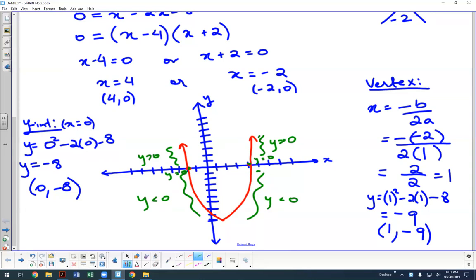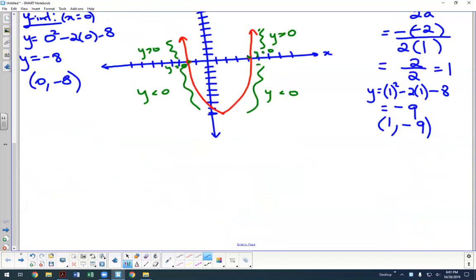So when you are writing this in interval notation, remember we are talking in terms of the x-axis. So our solution set is going to be, again in interval notation, from -infinity to -2.